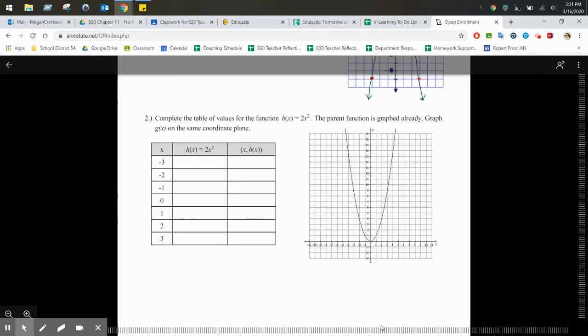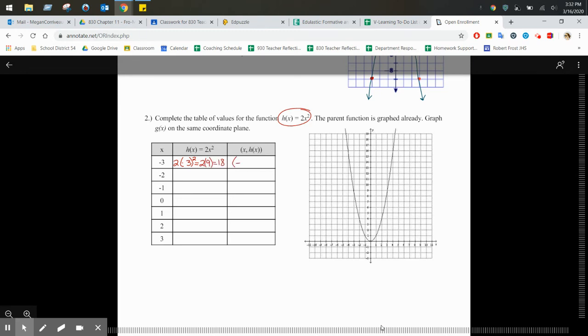What if I don't multiply by a negative, but what if I multiply by 2? So again, this is the new function that I'm going to graph. My parent function, y equals x squared, or f of x equals x squared, is already on the graph for us. So let's see what happens now if I do 2 times -3 squared would be 2 times 9, which will give me 18.